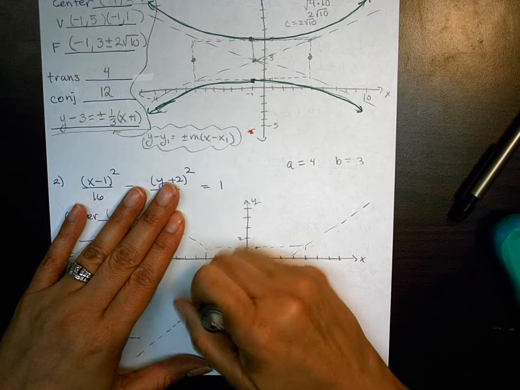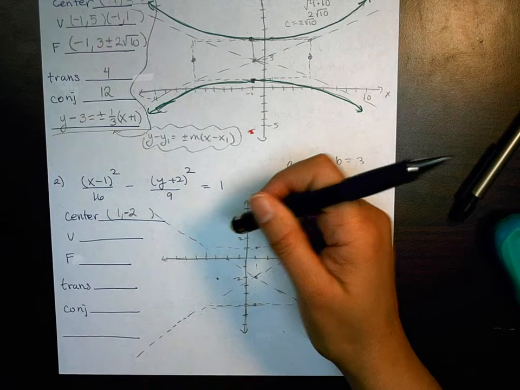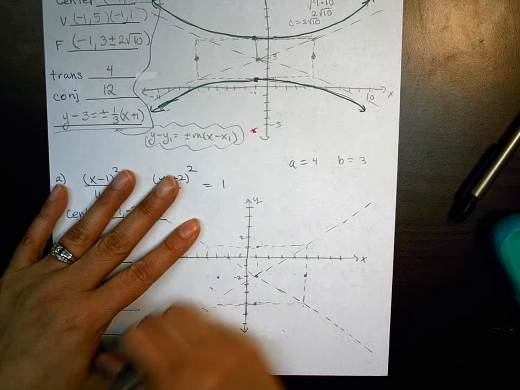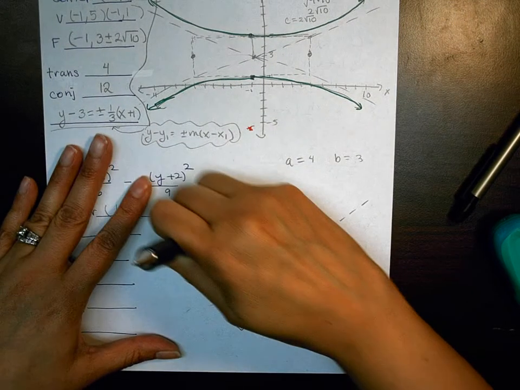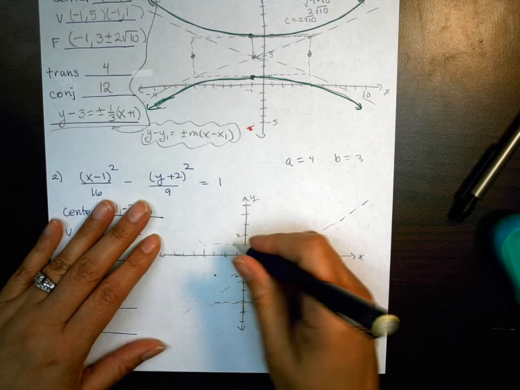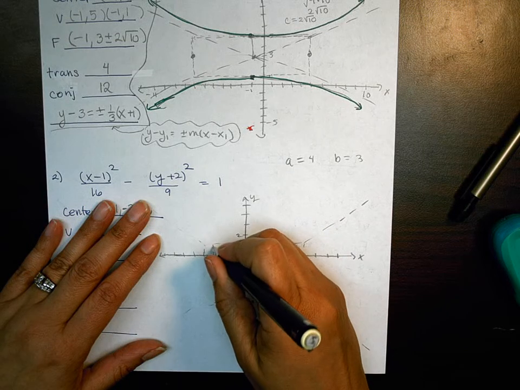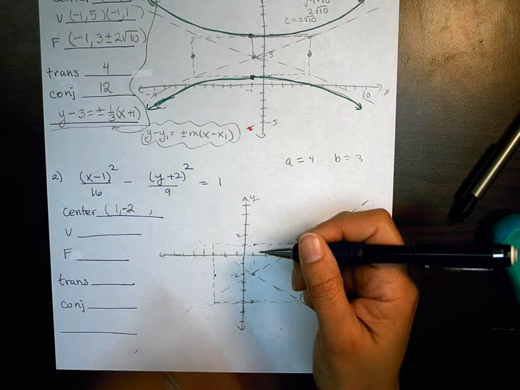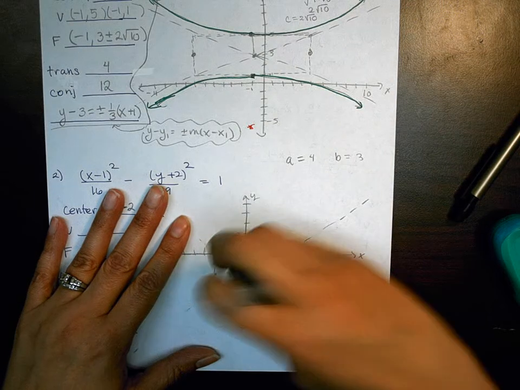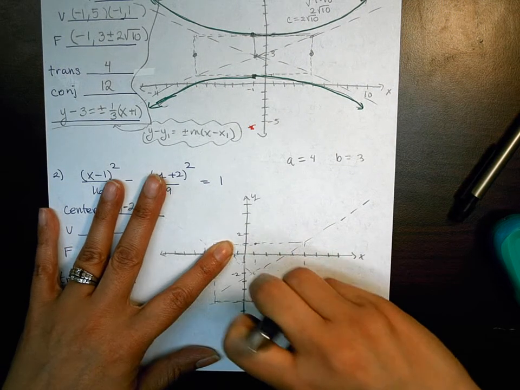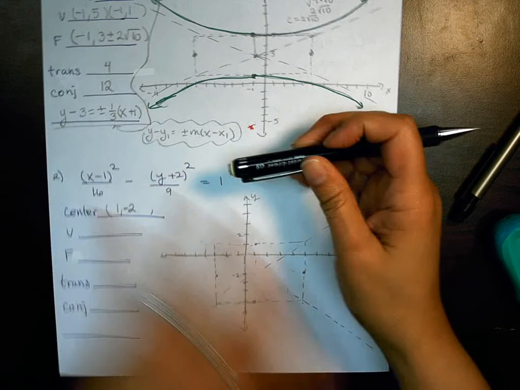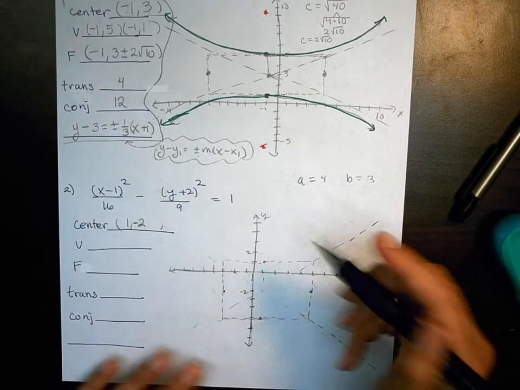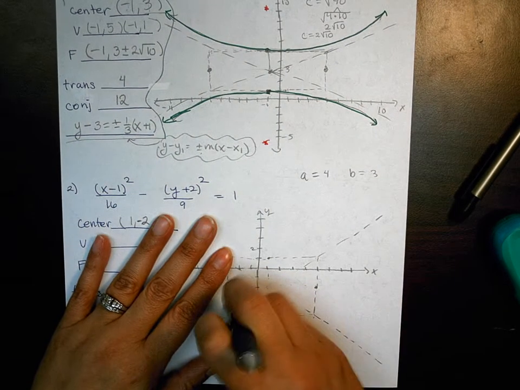Okay. Hopefully you did not. And go ahead and sketch. Which way did you say it was opening? Anybody? Up and down or right and left? Right and left. So go ahead and do that now.